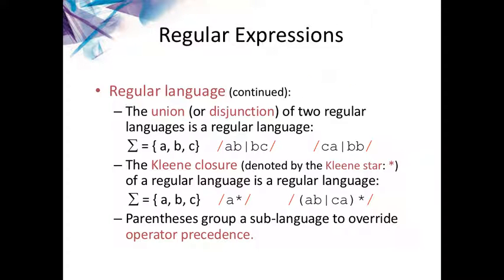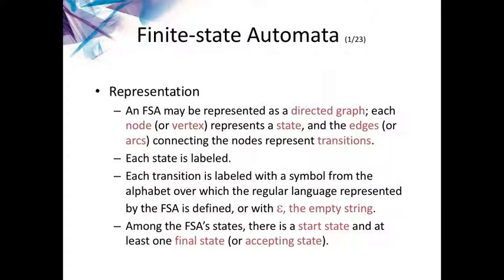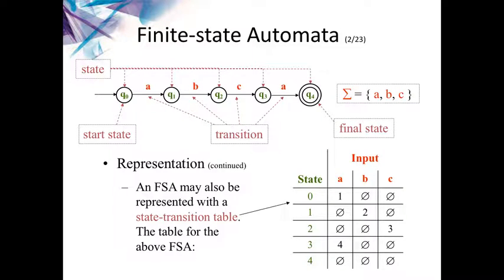If we go here, this is a finite state automata with a few states, Q0, Q1, Q2, Q3, Q4, and you have transitions among those states. So you have the transition from Q0 to Q1, from Q1 to Q2, from Q2 to Q3, and from Q3 to Q4.